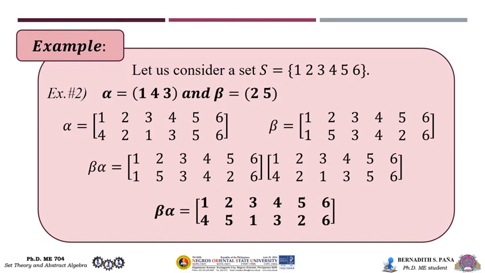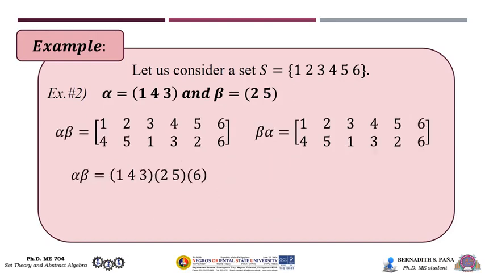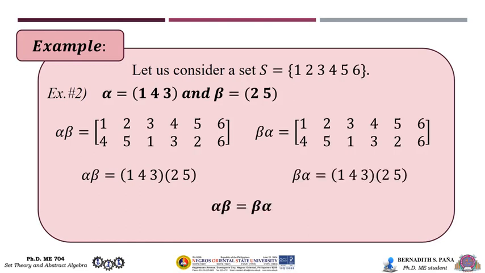Next, 5 maps itself, and 5 here maps to 2, so we have here 2. And then 6 maps itself. Comparing alpha beta and beta alpha, we still got the same answer. As the theorem states, disjoint cycles commute.